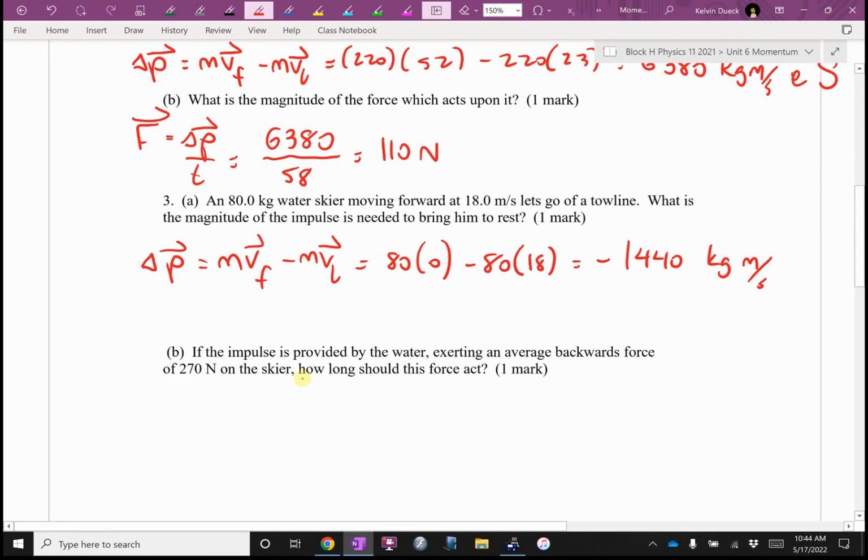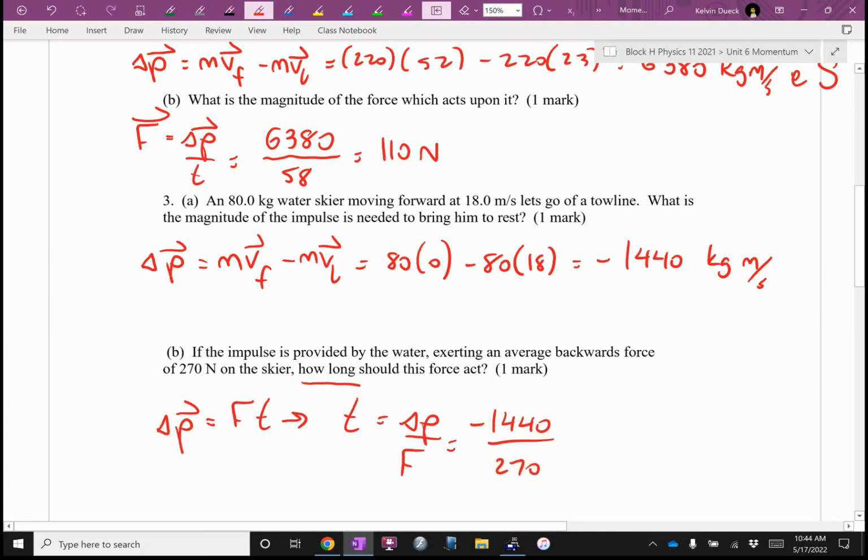Ooh, now they want me to find time. I started out again with impulse equals force times time, and I said, I guess time is impulse divided by force. It's going to be 1,440 divided by 270.